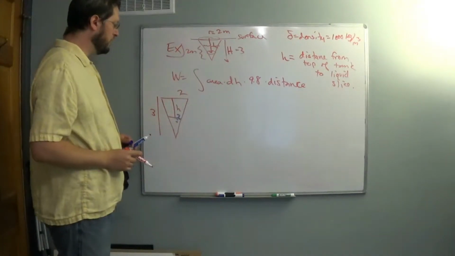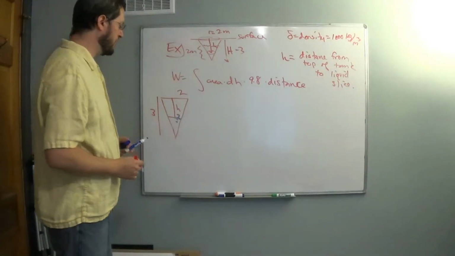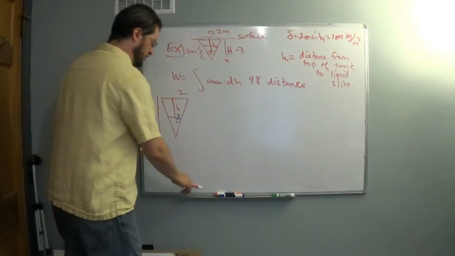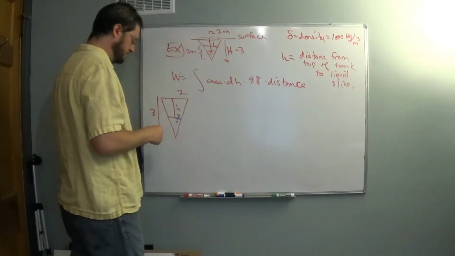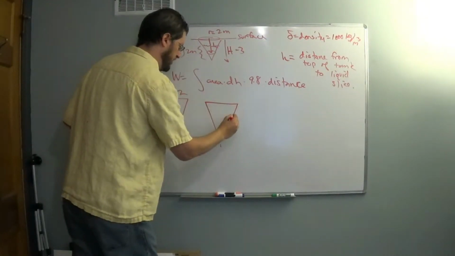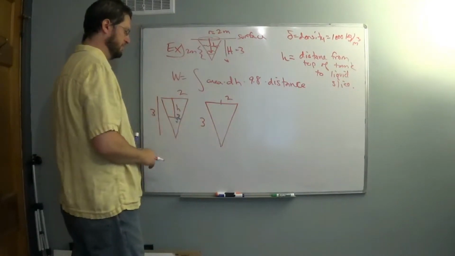Alright, so far so good. So we need to apply some similar triangles logic. We want the big triangle. My big triangle has 2 here and 3 here.